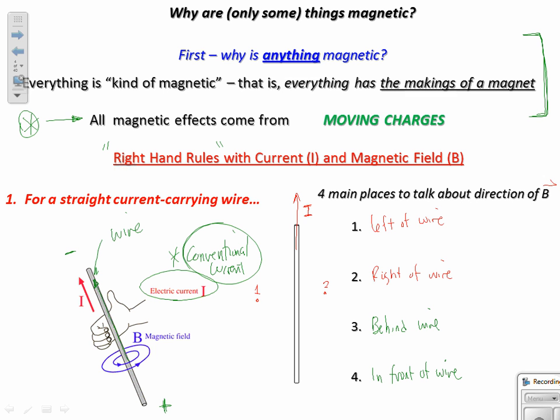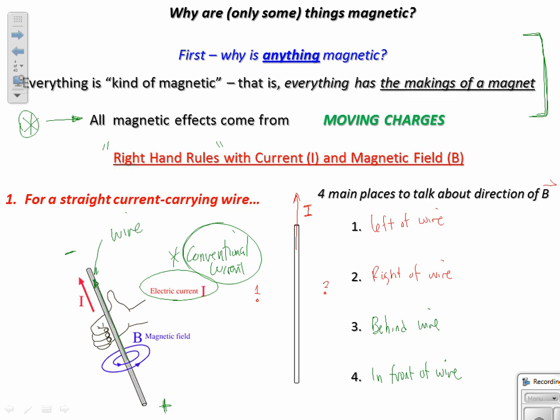All right, this is so hard to do over a video, you can't see what I'm doing, but to find the direction of the field at location 1, and again, this is real important, it's called the right-hand rule. For you people that are right-handed, you're going to want to write with your right hand and try to do things with your left hand. Don't do that. Put your pencil down. Take your right hand.